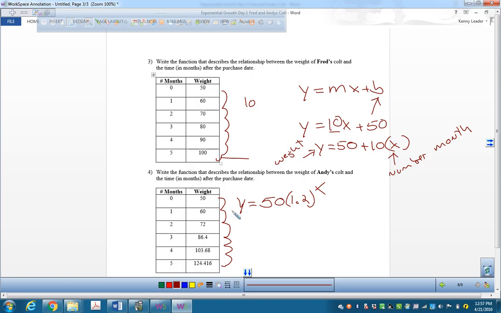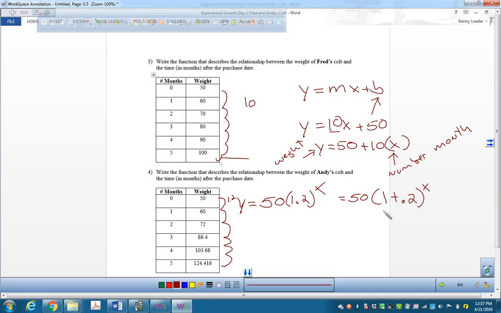Because it's changing. If I multiply by 1.2, the 1 accounts for the 50, plus 0.2 accounts for the percentage growth, right? So this can be rewritten as 50 times 1 plus 0.2 raised to the x. Do you see it now?